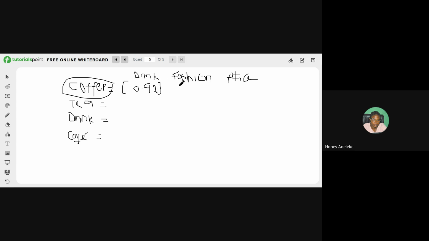Can coffee be fashion? If it can't be, or might not be, because we are not entirely sure, you might have something like 0.01, something very minute, because such probability might exist. Is it a place? Maybe there is a particular place that they call coffee, you might not know. So maybe you have something like 0.23.